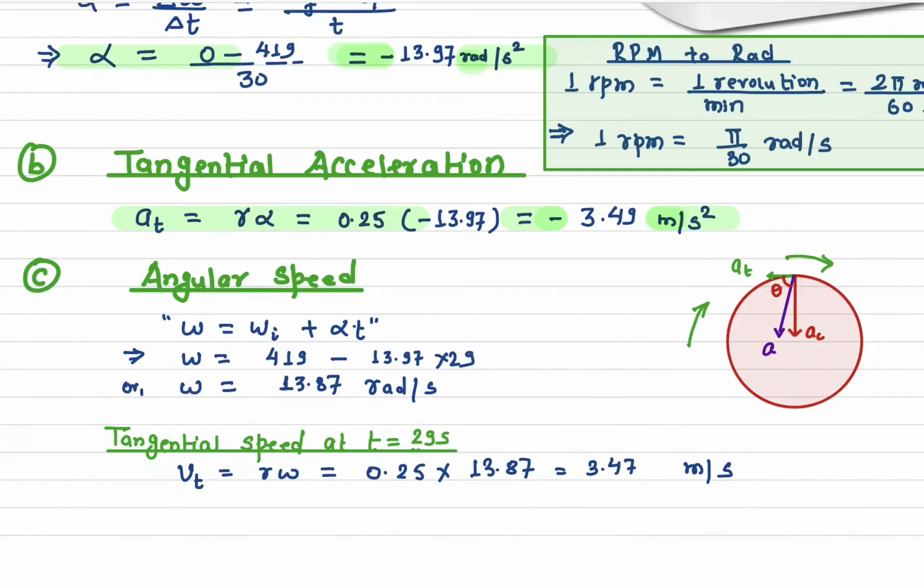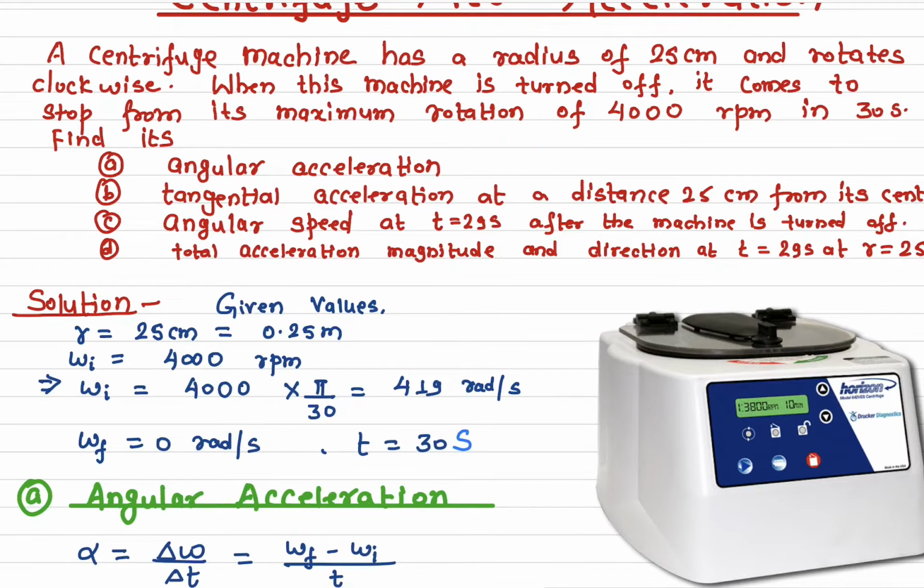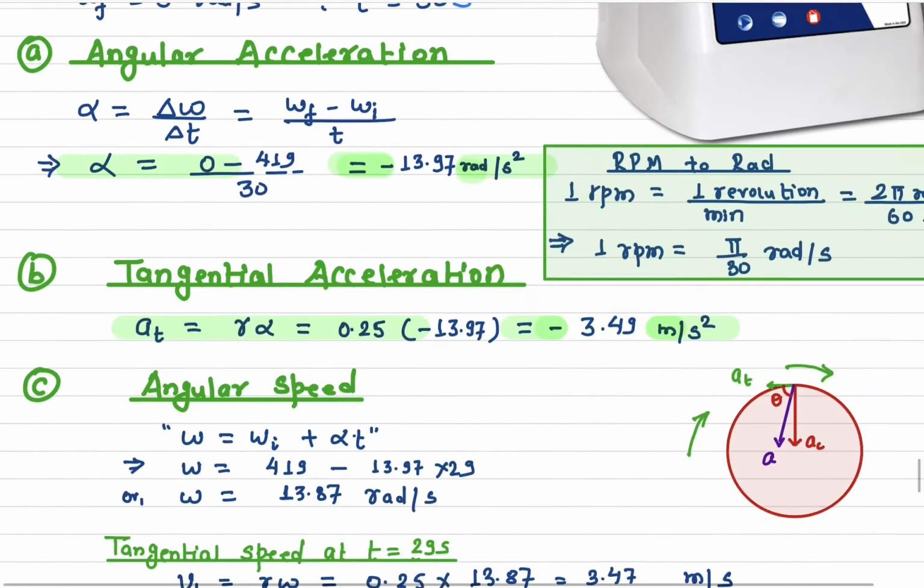Okay, so now let's calculate the angular speed. The angular speed is omega = omega_i + alpha t, where omega is the final angular speed, omega_i is the initial angular speed, alpha is the angular acceleration, and t is the time. We are asked to calculate the angular speed at 29 seconds after the machine is turned off.